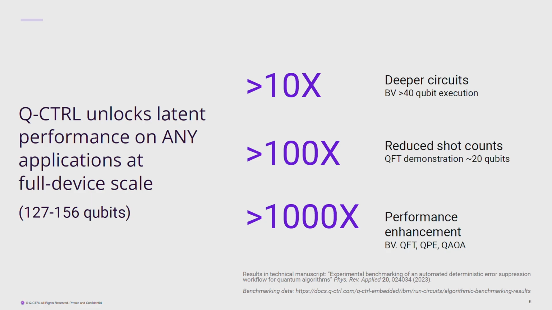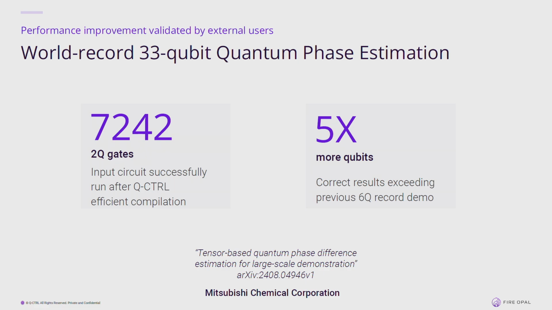Now, all of this has been validated and published in peer-reviewed journals. I hope that you can read that on the slides, but if not, we have a page with all the technical manuscripts on our website. This was not only validated by us in our own experiments, but users have been adopting these solutions and actually running their own experiments.